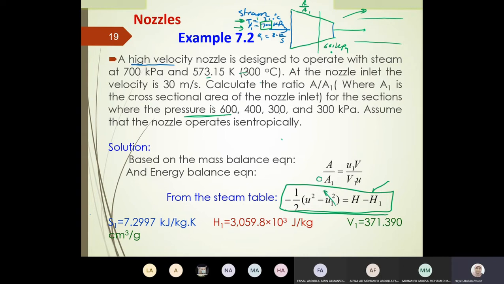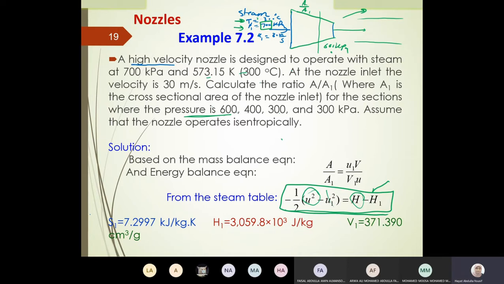Maybe I have to clarify this a bit more. According to the question, this is what I have to calculate. And I don't have H, I don't have U. U1, normally if it's not given and it's much smaller than the final velocity, then we cancel it. And how can I solve this if I have only one equation? Of course, I will not be able to do so.